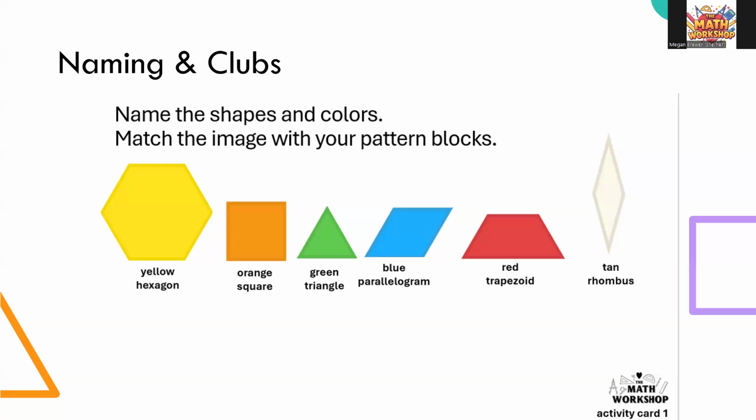But you also have to have 4 right angles, which they don't. The blue and the tan shape both have 2 acute angles and 2 obtuse angles. And depending on the age of students you're working with, that's going to depend on how specific you're going to get with these attributes and these characteristics.